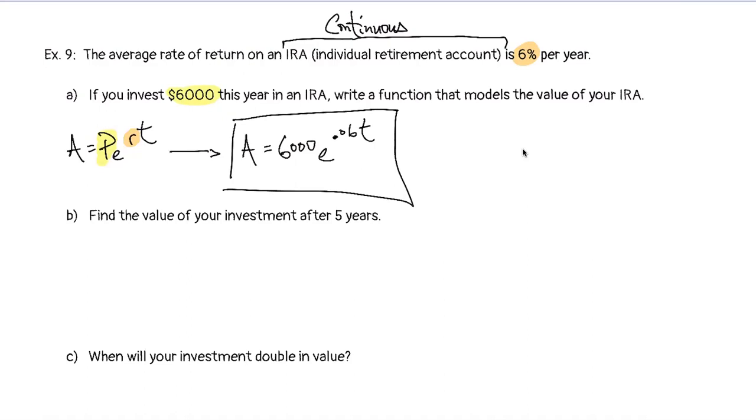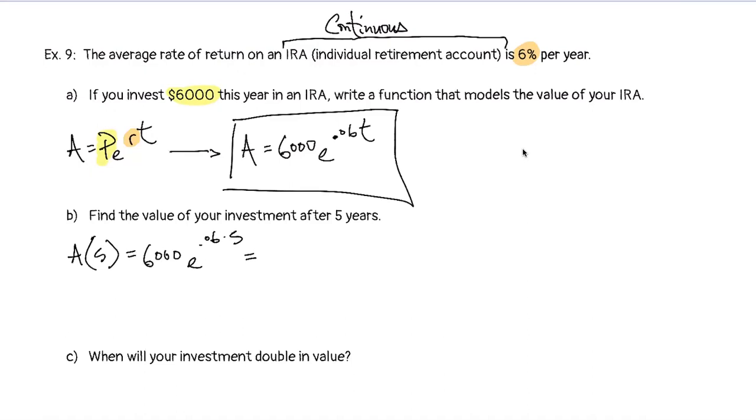We should get a number that's pretty similar to our other one, but it'll be a little bit more accurate as to how banks calculate the interest. So find the value of your investment after 5 years. We're going to find A of 5. So 6,000 times e to the 0.06 times 5.